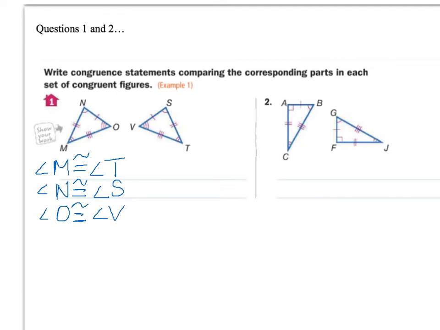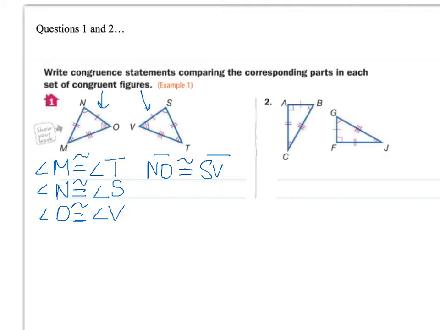And now let's go ahead and do the sides. You notice how there is 1 hash mark here and also here. That means that side NO corresponds to and is congruent to side SV.